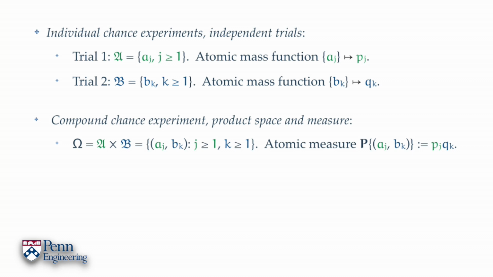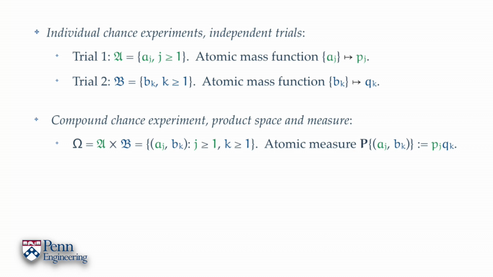The sample points are ordered pairs. A sub j, resulting from the first trial, cobbled together with B sub k, resulting from the second trial, j and k ranging over all possible indices in your index sets. And now we naturally have what we call a product space. You're taking a Cartesian product of two trials.